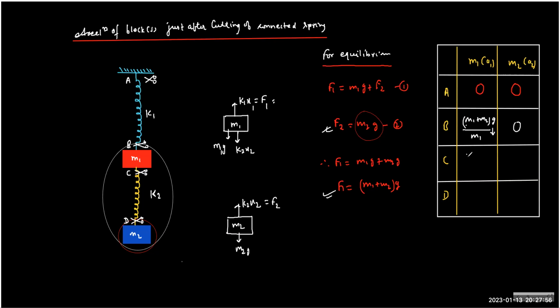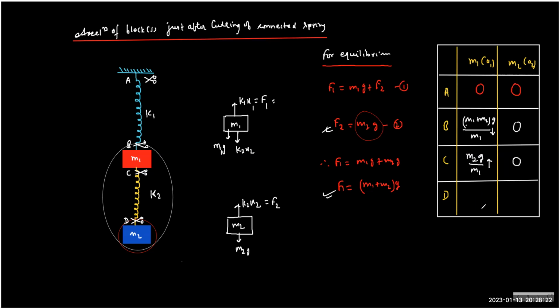F2 is equal to M2G. And now it will accelerate upward or downward? It will accelerate upward, no? But even though you are cutting at C, what will happen to the life of M2? It will stay the same.